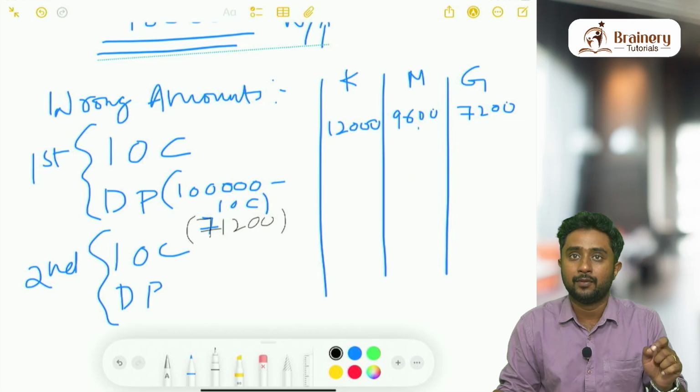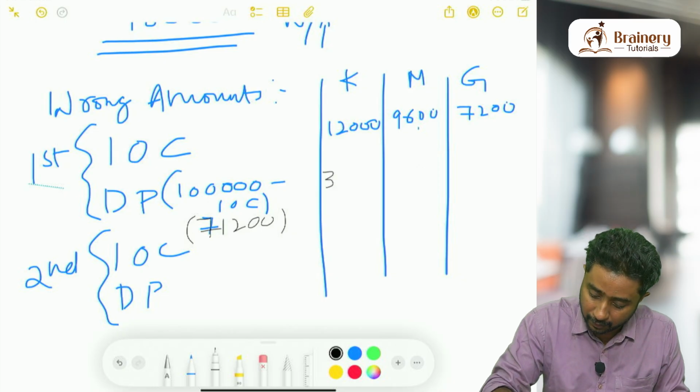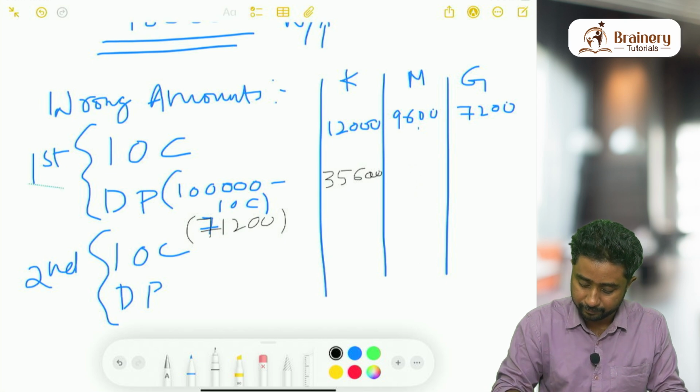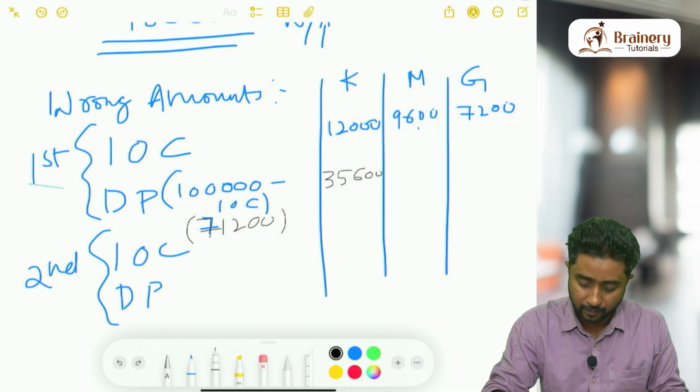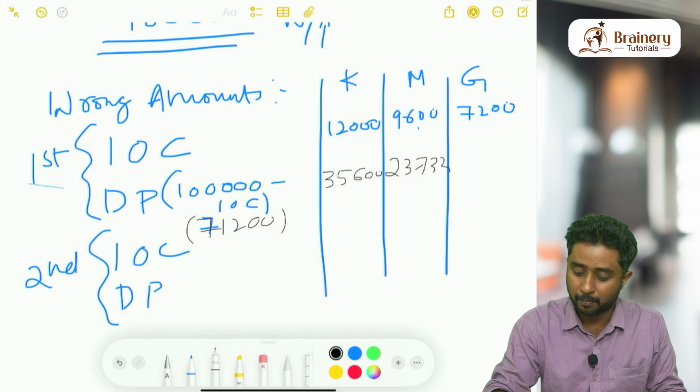So 71,200 is the divisible profit for the first year. We are going to divide that in the 3:2:1 ratio. 3/6 gives 35,600. 2/6 gives 23,733.